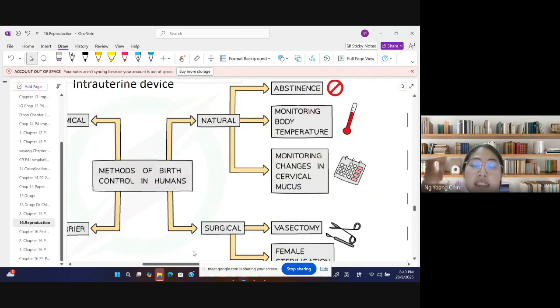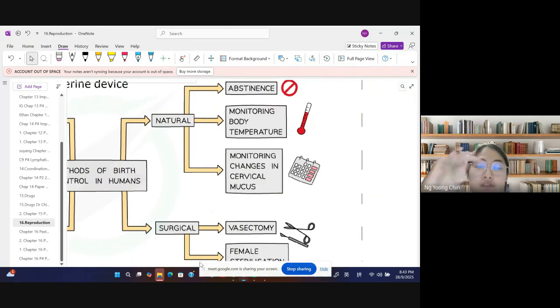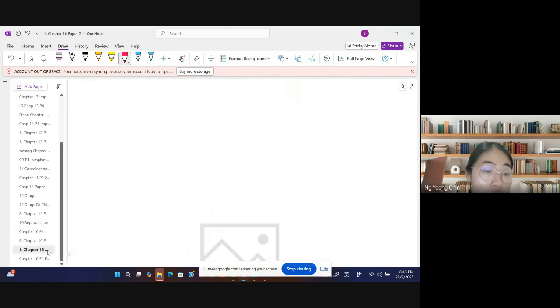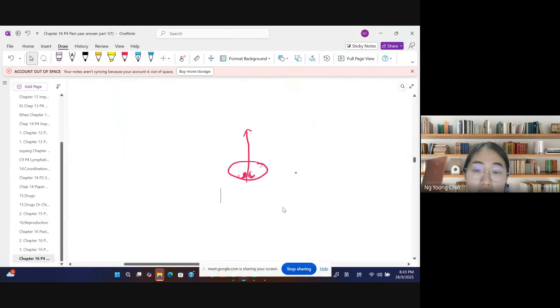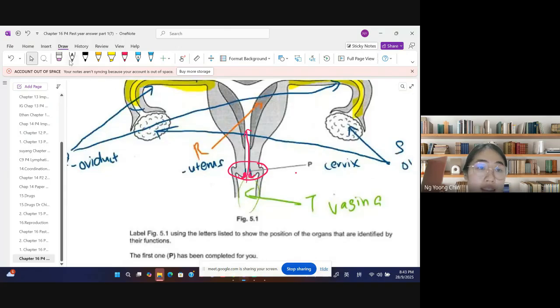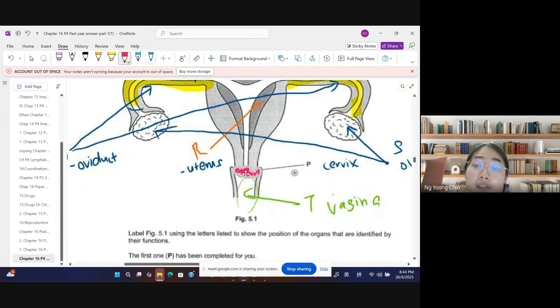If a woman is ready for pregnancy, the cervix will have a lot of mucus, 粘液, accumulating around the cervix.